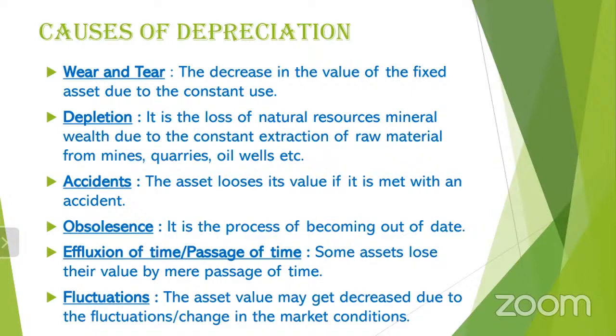This results in a decrease in the value of the asset. If we invent something new, we will not show any interest in purchasing the old one. We will purchase only technologically improved goods, so the value of the asset will be decreased.